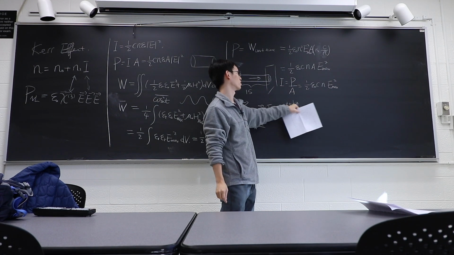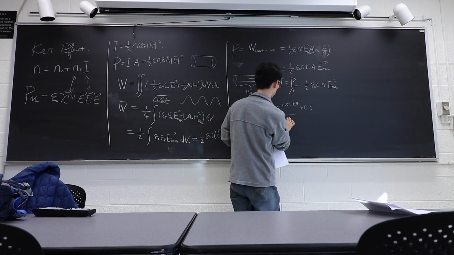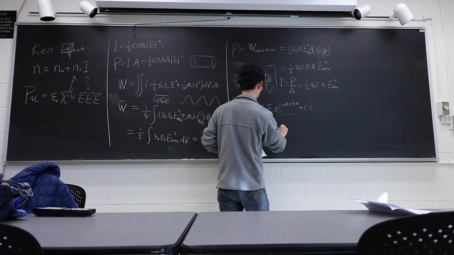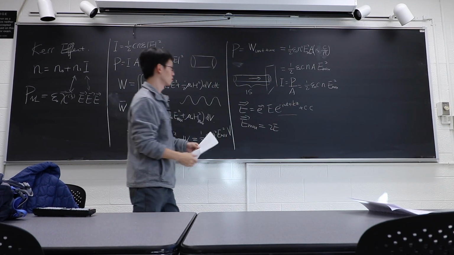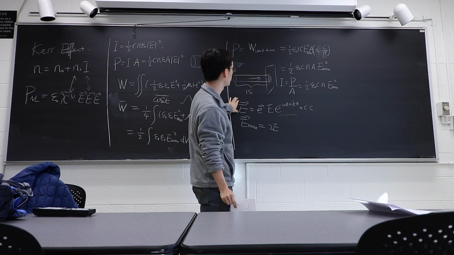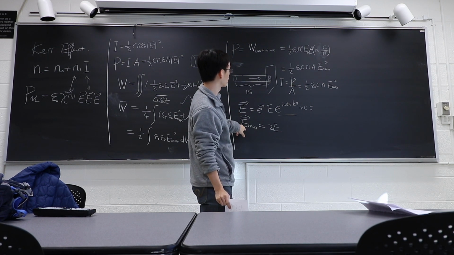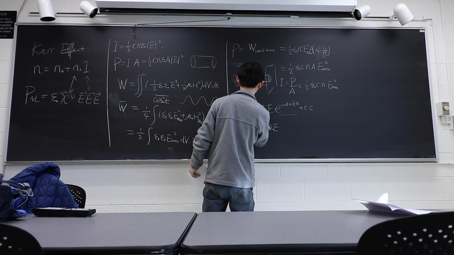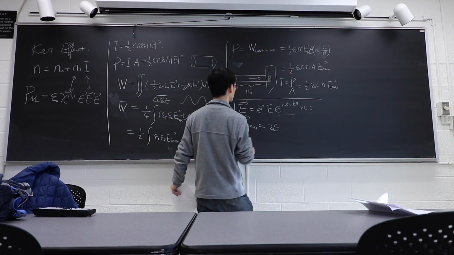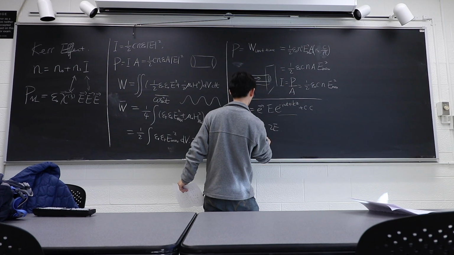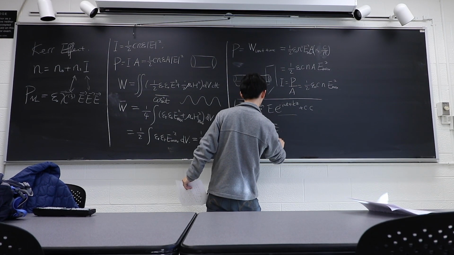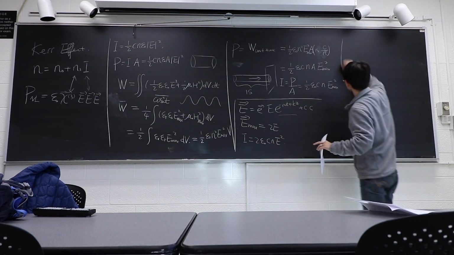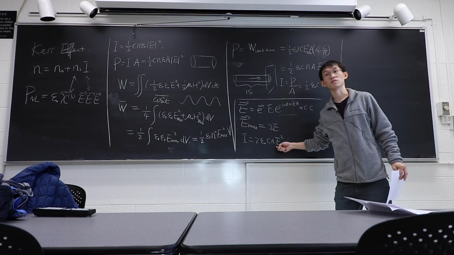If this coefficient is 1, then the complex conjugate is also 1, so the max is 2E. So when you define your E in this way, you have to get your Emax first, and then plug this Emax in here. In this definition, I is 2 epsilon c n E squared. This is also the equation you will find in the book of nonlinear optics.